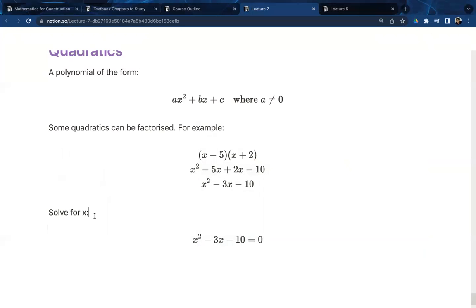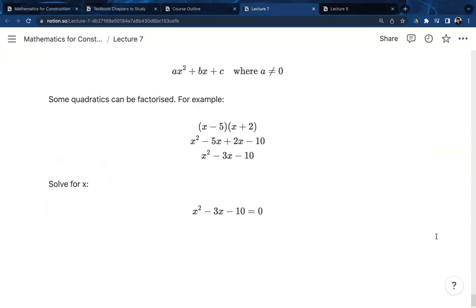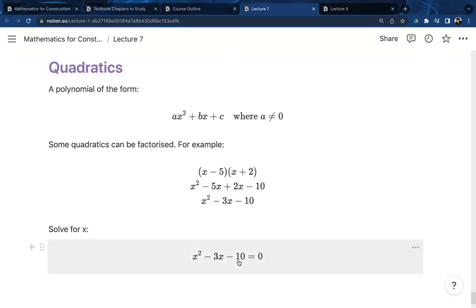Solve for x, and I give you this quadratic here. How do you know what value of x you could use to make this 0? You can start guessing, right? Let me guess 1. 1 squared is 1, 1 minus 3 is minus 2, minus 2 minus 10 is minus 12, that's not 0. So not 1. Let me try the next one. Let me try 2. Let me try 3. Let me try 4. Guessing is not a good idea.